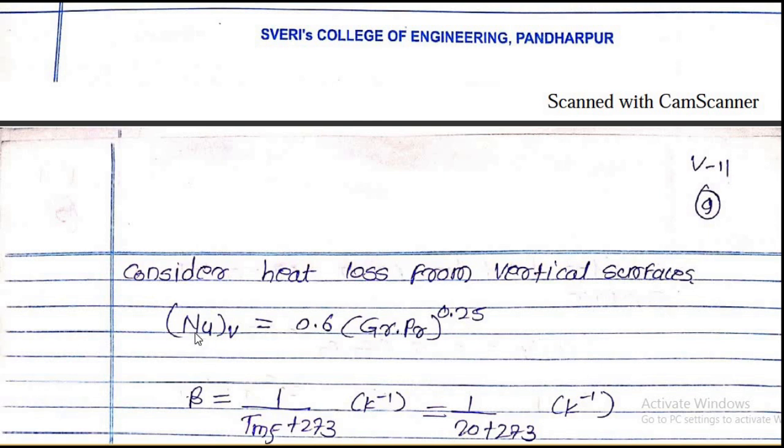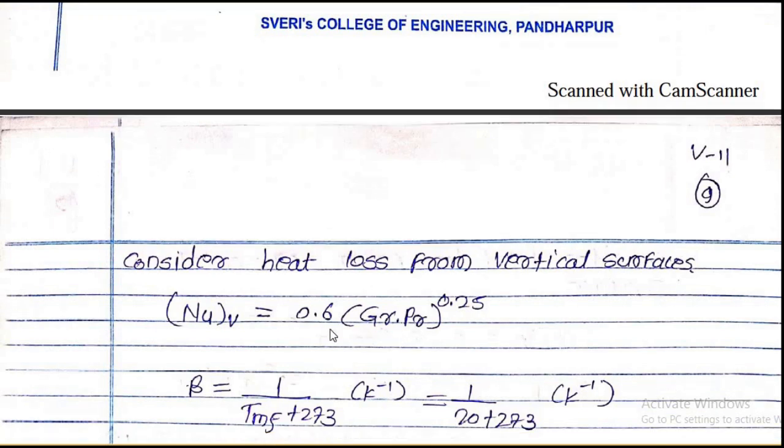So vertical surface Nusselt number is equal to 0.6 multiplied by Grashof number times Prandtl number raised to 0.25. Here we have to find the Nusselt number so that we can find the heat transfer coefficient, and on that basis the heat transfer rate for the vertical surface. For that purpose we should know the Grashof number and Prandtl number values.